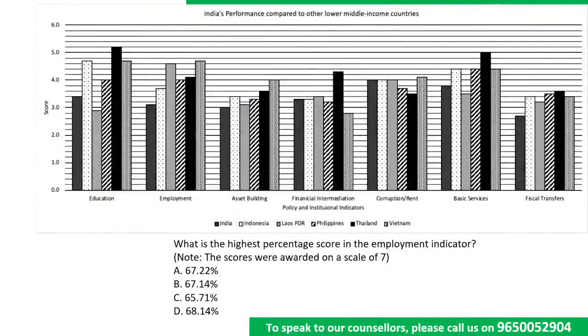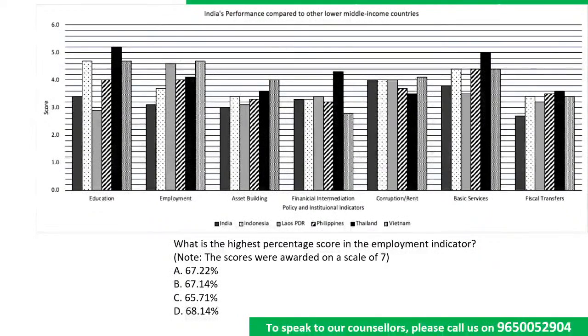Okay, what is the highest percentage score in the employment indicator? The scores were awarded on a scale of 7. This is a very easy one.